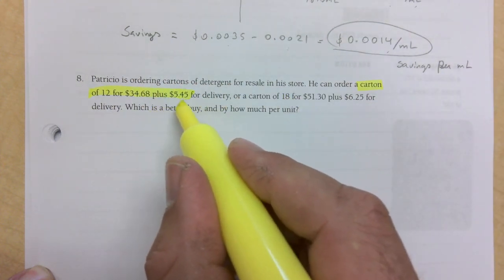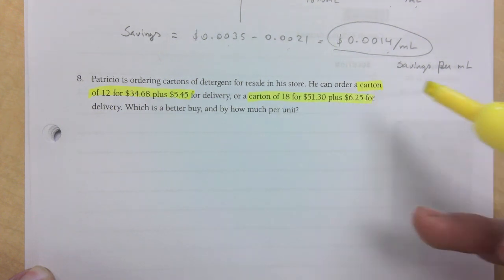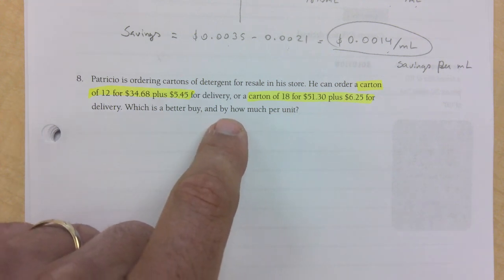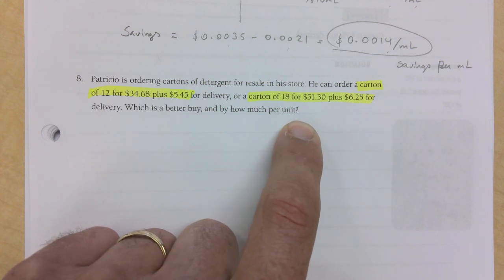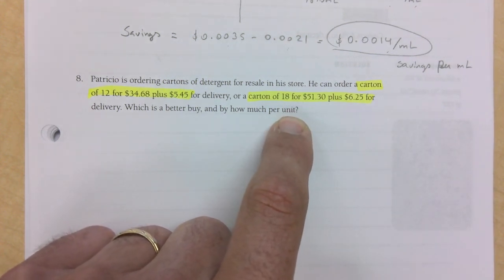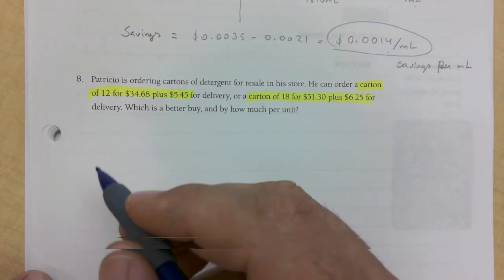There's also a delivery charge for that. Or you can do a carton of 18 for a certain amount plus shipping as well. Which is the better buy, and by how much per unit? Per unit, in this case, we talk probably a bottle, right? So it's a little bit more to it than the rest.